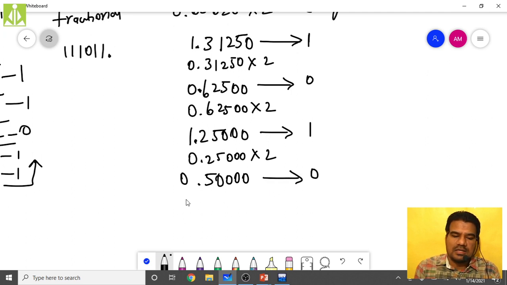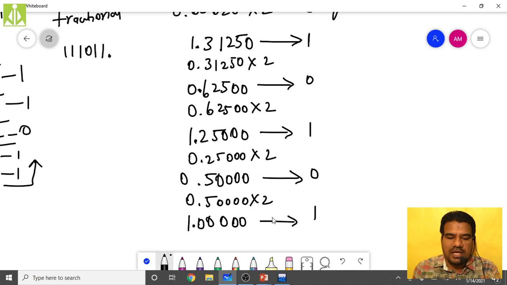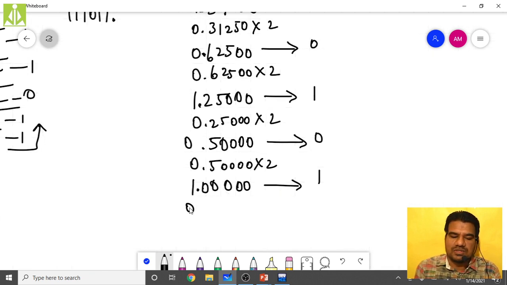Again take 0.540 multiplied with 2. Then you will get 200, 200, 200, 200, 5 2's 10. Carry 1, 0 here. Then 20 plus 1, 1 you will get. After 5 digits you put the decimal. So again we got the carry. After taking this carry, we got all zeros, 0.00000.